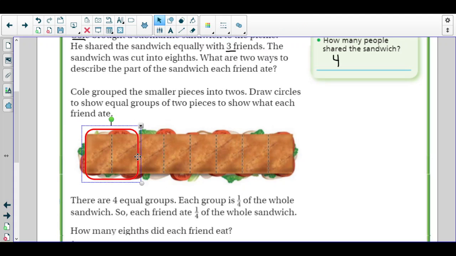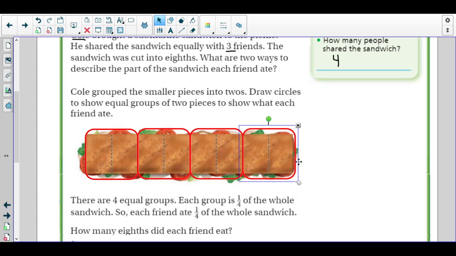Then another friend is going to get this section right here. Another one right there. And finally, this 4th piece right here. So there are 4 equal groups. Each group is 1/4 of the whole sandwich. So each friend could eat 1/4 of the sandwich.